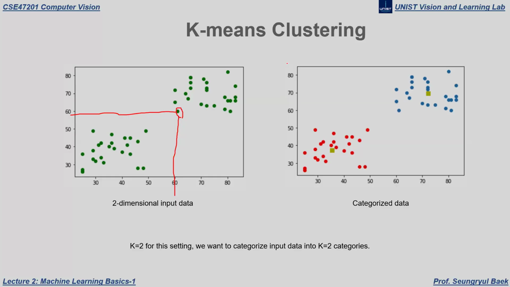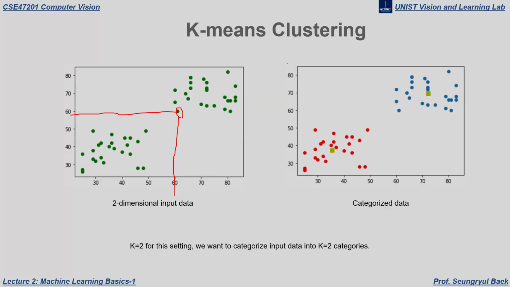The right graph is showing the two-cluster clustering result, okay? The blue dots mean the first cluster and the red dots mean the second cluster, right?